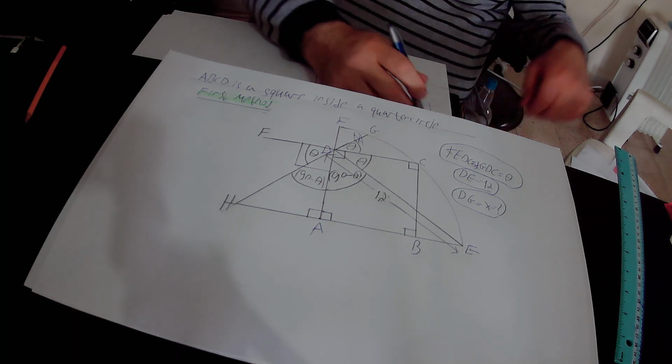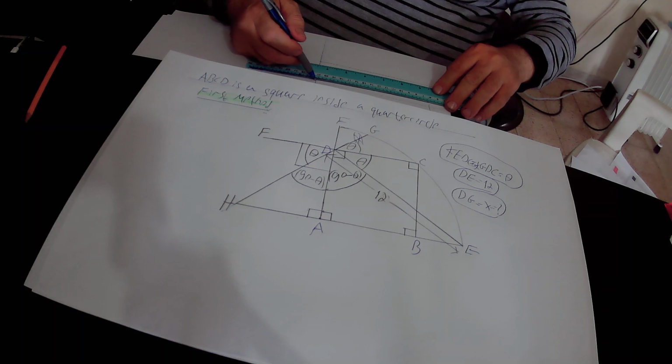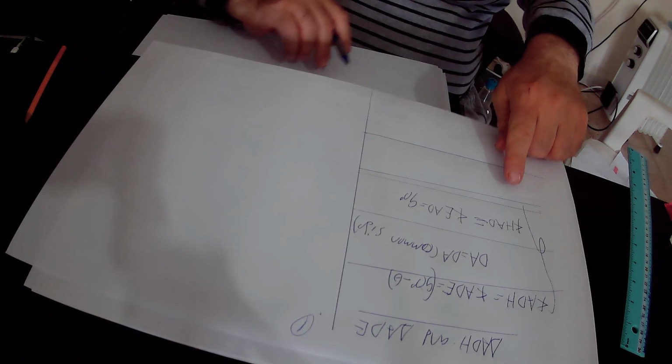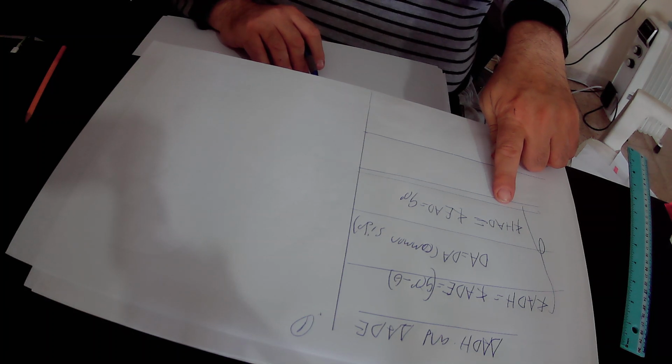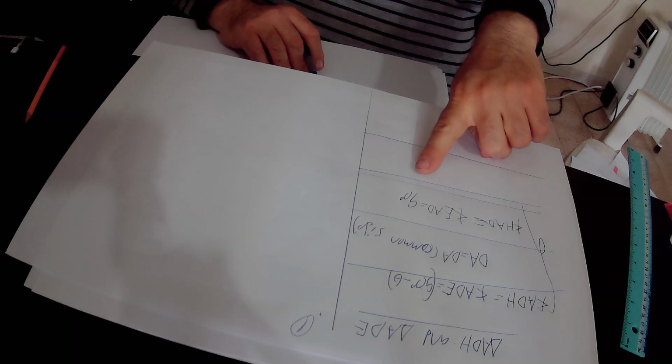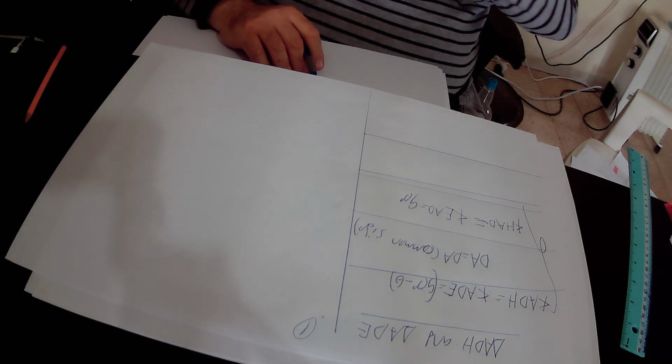So I repeat again: angle HAD in the right triangle ADH is equal to angle EAD in the right triangle ADE. They are both equal to 90 degrees, therefore they are equal to each other.